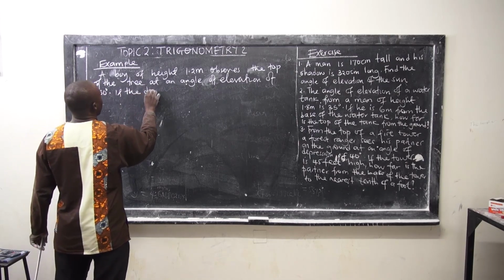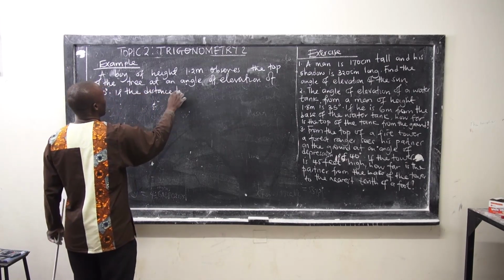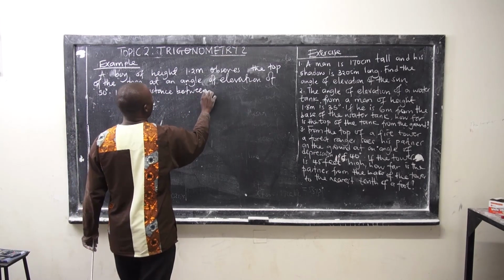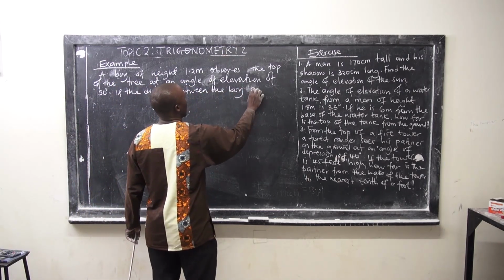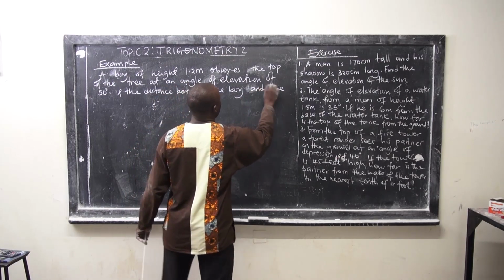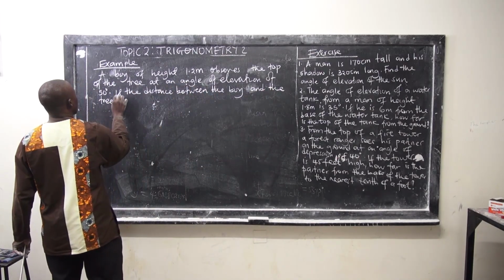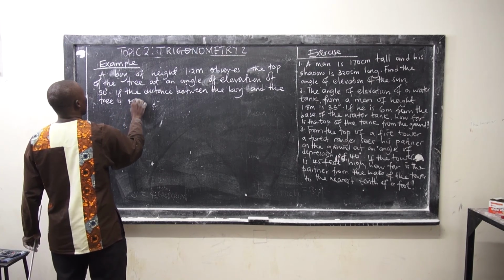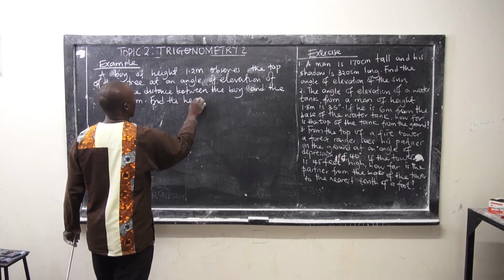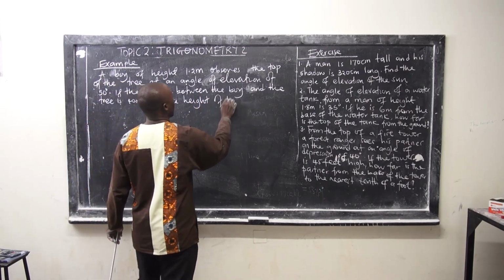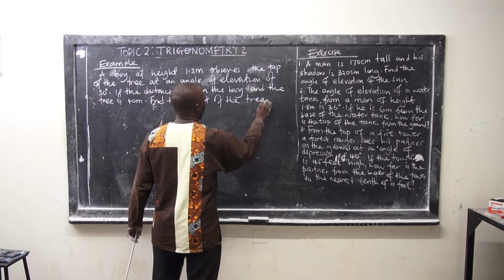If the distance between the boy and the tree is 40 meters, find the height of the tree.